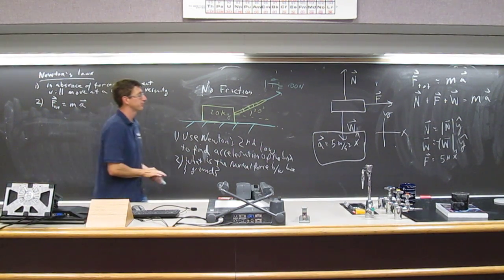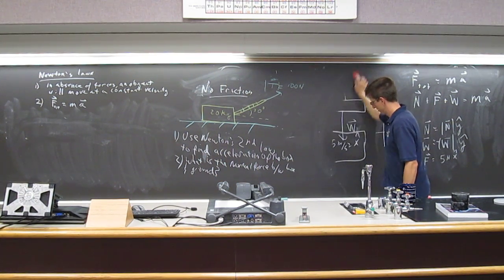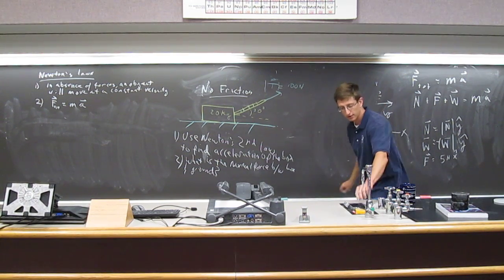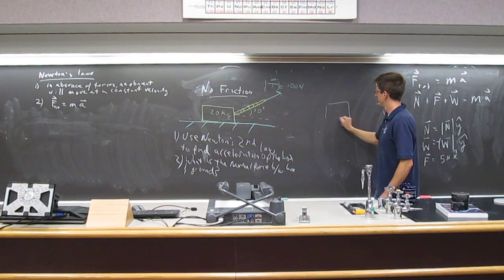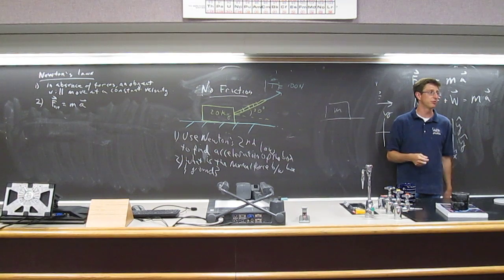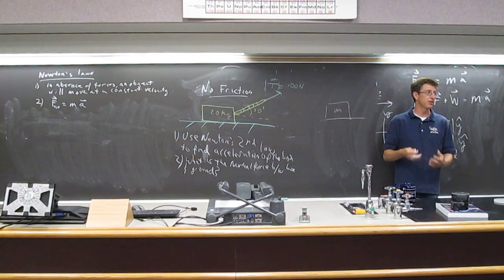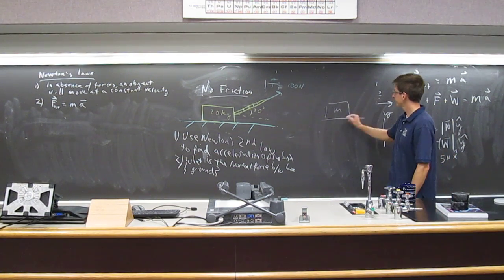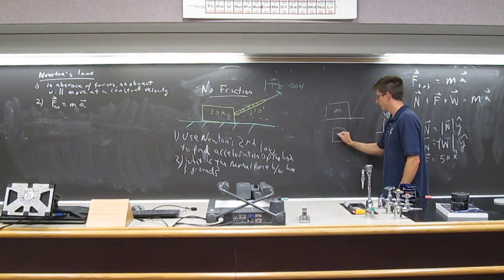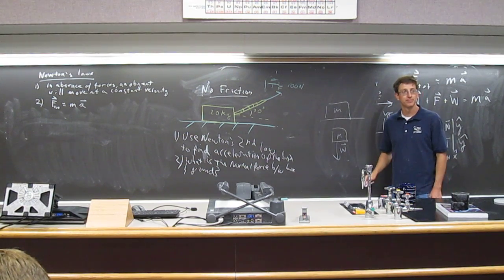All right. So before I do this problem, there's one thing I want to introduce. If I'm on the surface of the Earth, I have a massive object, and this is near the surface of the Earth, and by near, I mean probably within 50 kilometers or 100 kilometers of the surface of the Earth. So anything in daily life. If I have a mass here, and I draw a free body diagram on this mass, I have a weight going downwards, normal force going up.